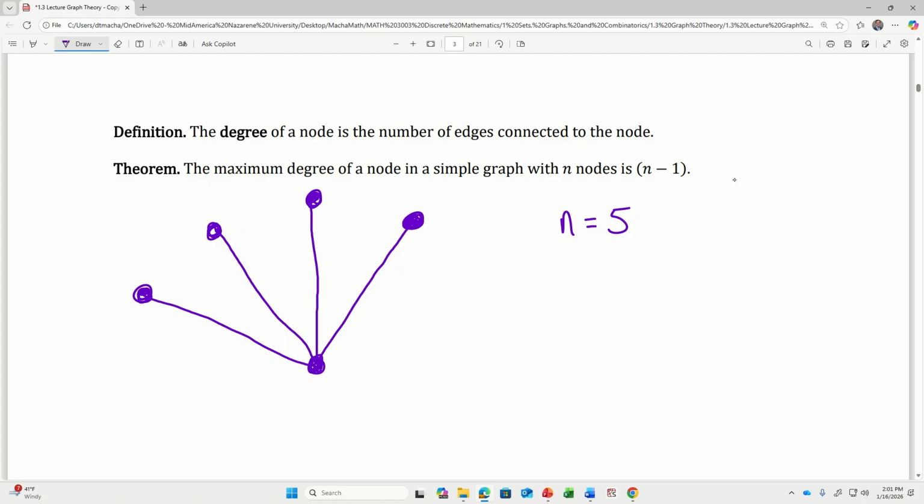Every other node would be n minus 1 nodes. That's why the maximum degree is n minus 1. If I had a multigraph, there is no maximum degree, because I could keep adding self-loops, or I could keep adding parallel edges. I can make that as high as I want, but for a simple graph, that's how it goes.